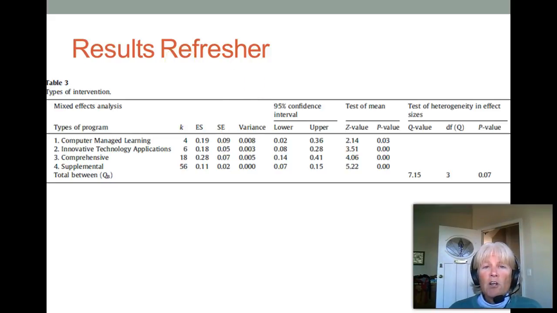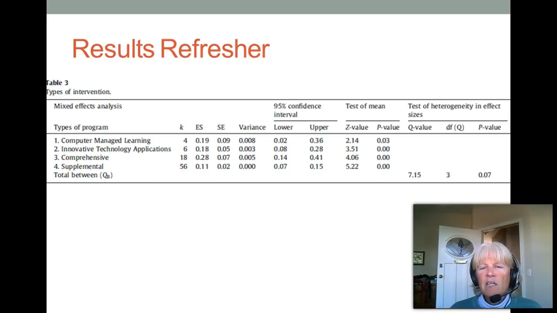And if we look at the guidelines from last week, 0.2 and lower would really be a very negligible effect. From 0.2 to 0.5, it would be still a pretty low effect. And then 0.5 to 0.8 would be a medium effect, and above 0.8 would be a large effect.